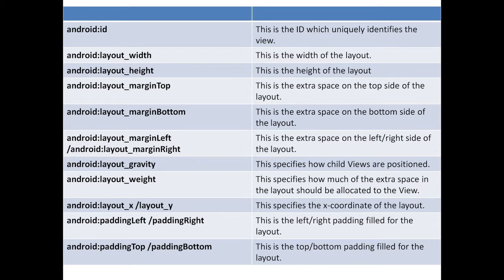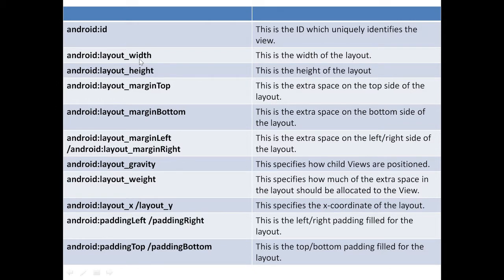For example, android:id. This is the ID which uniquely identifies the view. So this ID is the most important attribute of any kind of view object. Whenever you declare your view object, you must add your ID to your view object.